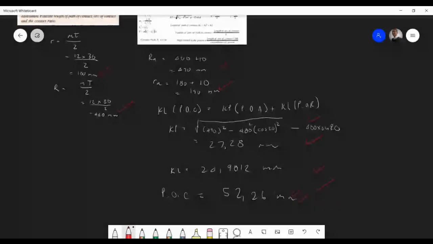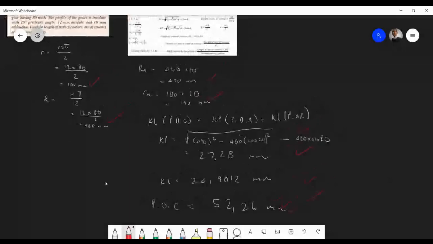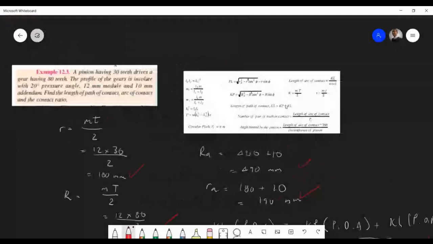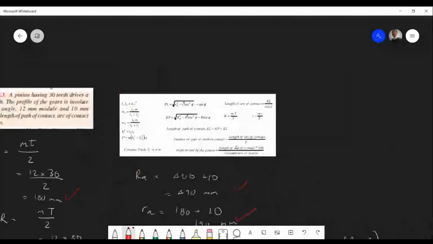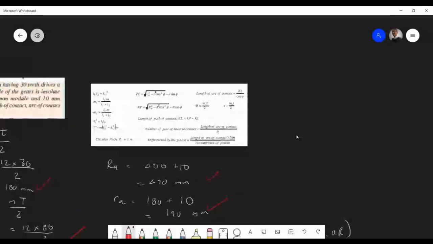So that's the same. And now they want to work out the arc of contact, right? The reason we want the arc of contact is because we need it to find the contact ratio, which is the number of pairs of teeth in contact. So the length of the arc of contact is equal to your path of contact over cos 20.